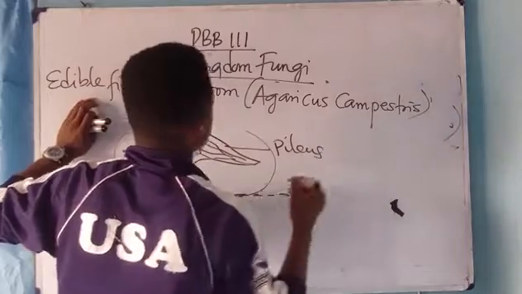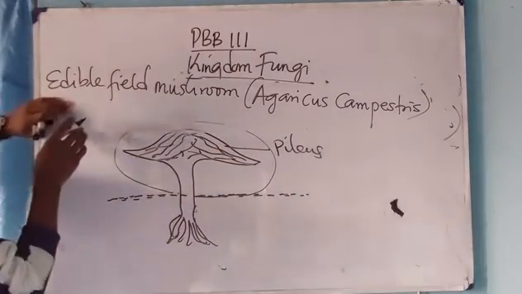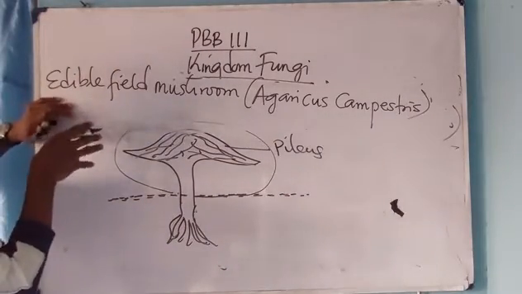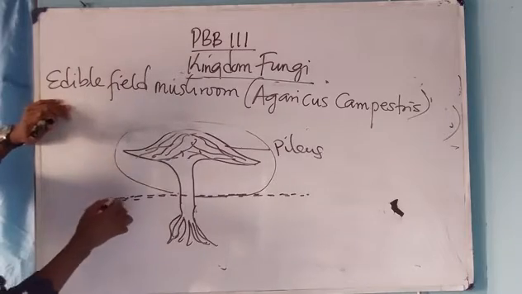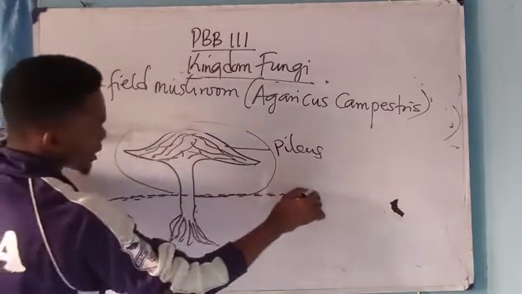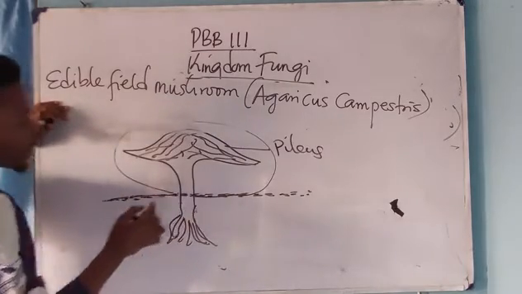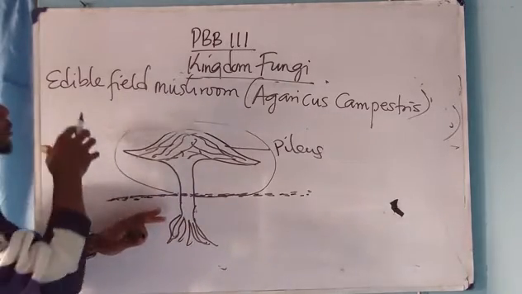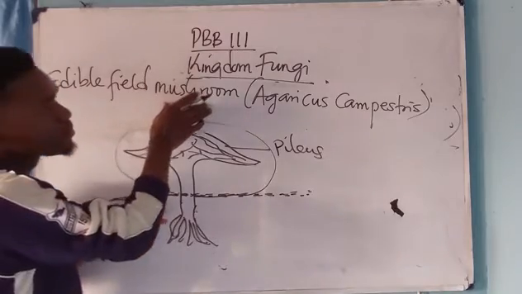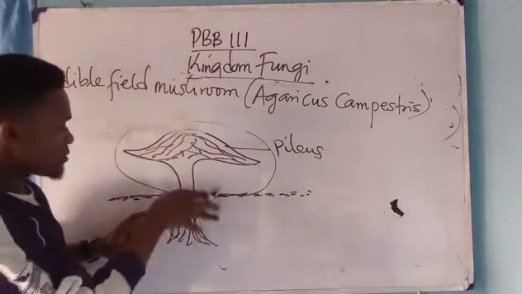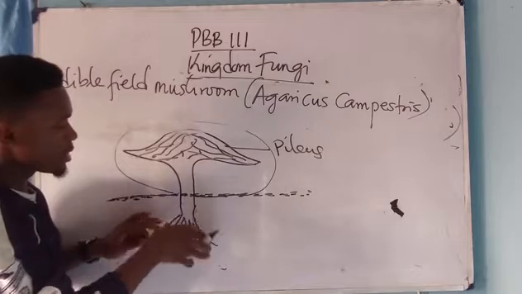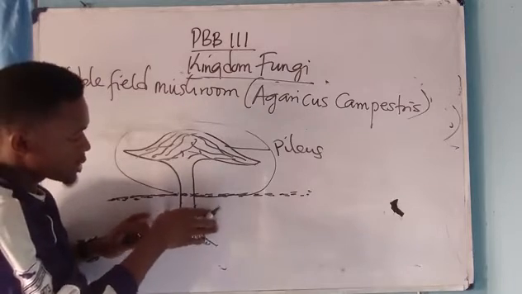Agaricus campestris possesses a mycelium that is beneath the soil level, which means that the mycelium of the edible field mushroom is found beneath the soil surface, under the soil.